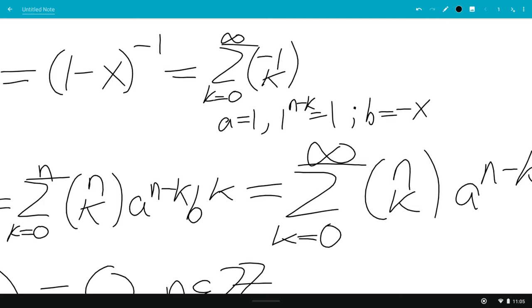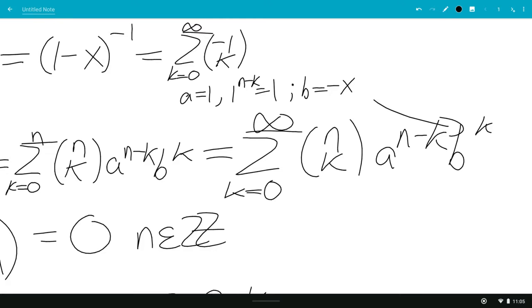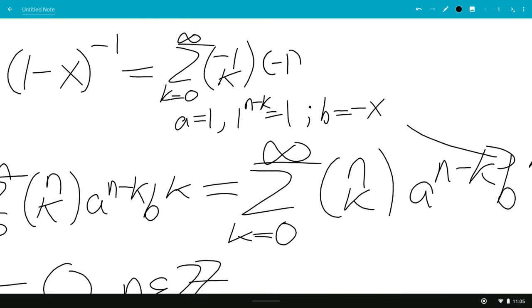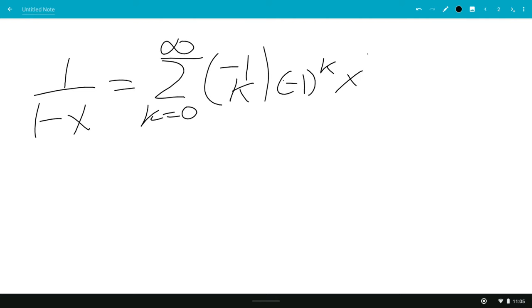So we have negative x to the k in this formula. So negative x to the k is negative 1 to the k, and then x to the k. So we have that 1 over 1 minus x is the sum from k equals 0 to infinity of negative 1 choose k, negative 1 to the k, x to the k.